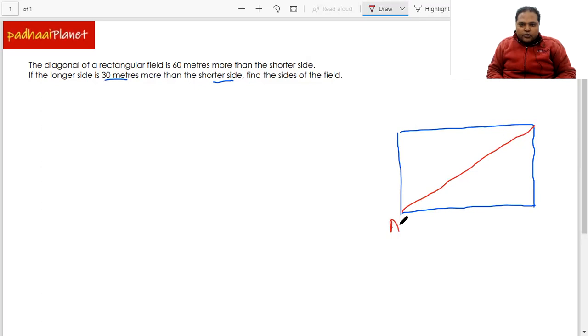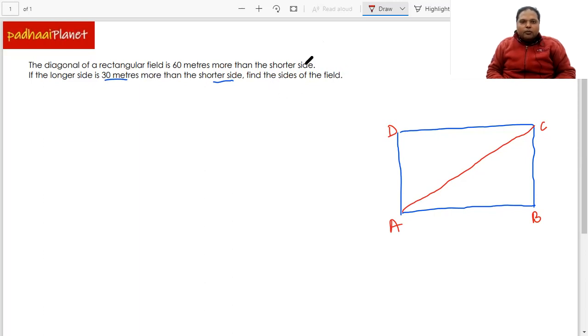Suppose the vertices are A, B, C and D. What it says is that the diagonal of the rectangular field is 60 meters more than the shorter side, and the longer side is 30 meters more than the shorter side.